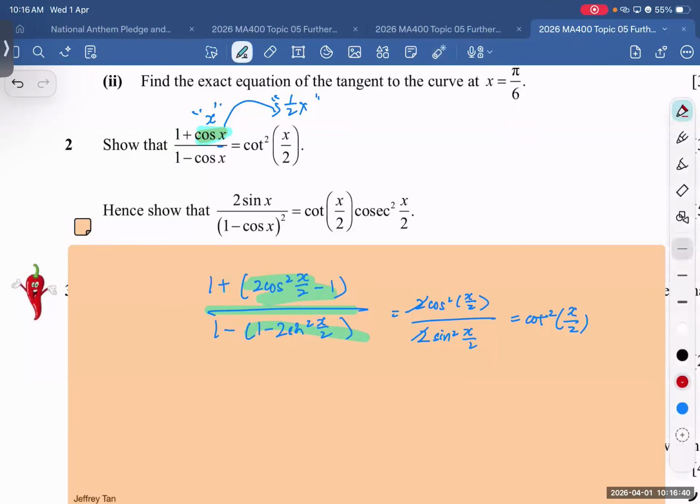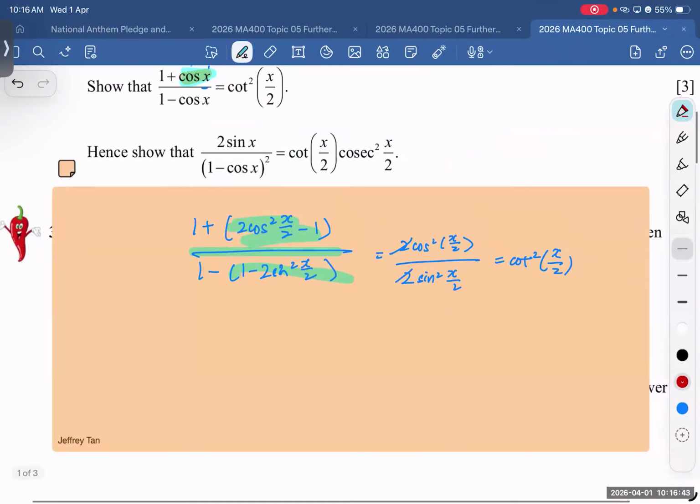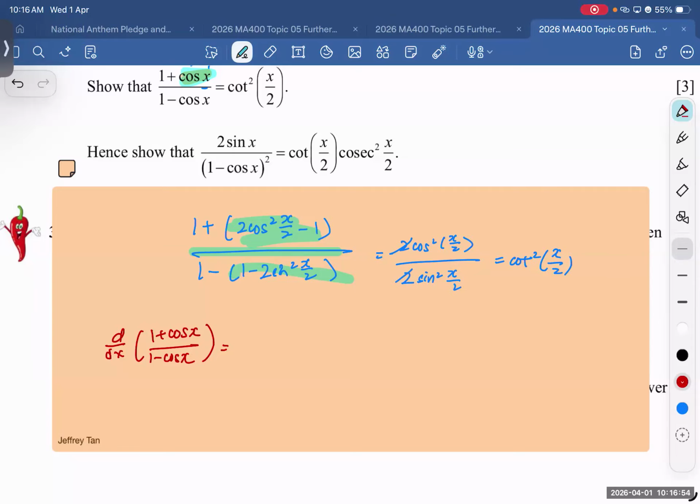Now if I differentiate 1 plus cosine x, I believe most of you got it. I'm just taking a small sample size, about 10. I walked around, and I think most of you got minus 2 sine x. I shall not go through that.